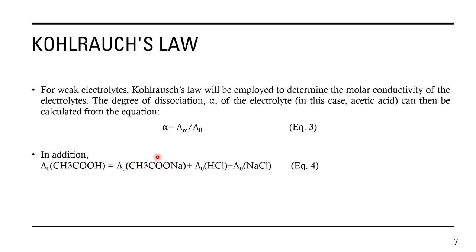So you will find, from the various solutions, the values for lambda naught, and from this equation you can straight away find the value of the conductivity at infinite dilution for acetic acid.